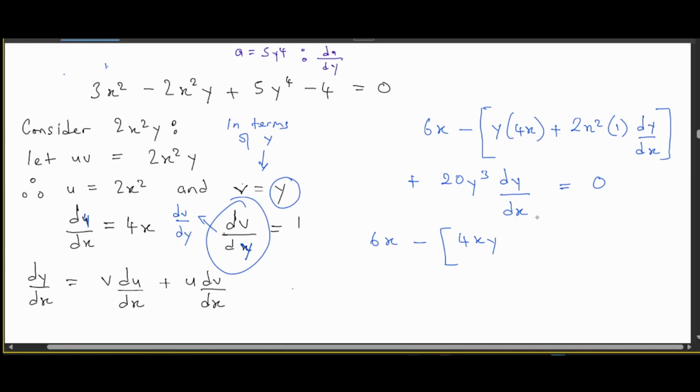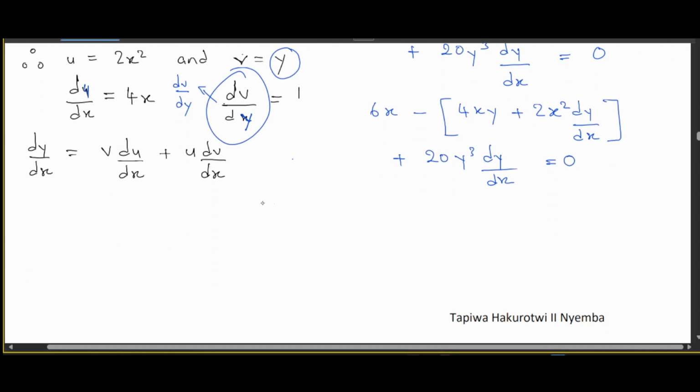Saka let us further simplify panapa. This becomes plus 2x squared dy dx like this, over yati plus 20 y cubed dy dx is equal to 0.